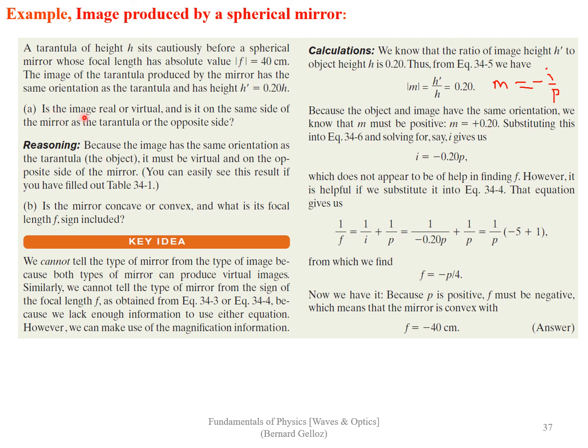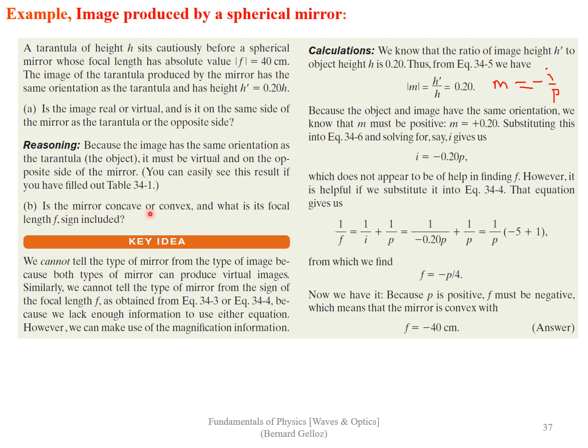So the first question was, is the image real or virtual? So it is virtual. Is it on the same side of the mirror as the tarantula, or the opposite side? So in fact, virtual images are always on the opposite side for this kind of mirror. So it is the opposite side.